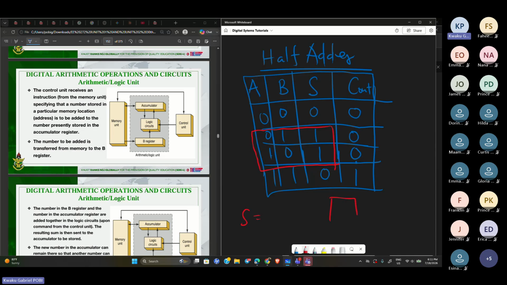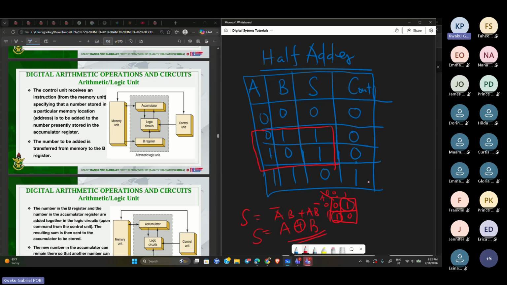Or if you draw a 4 input K-map, you get 0, 1, 1, 0 like this for the sum. A and then B, 0, 1, 0, 1 like this. So you get A bar B here, and then here you get A B bar. And this, you know, is A XOR B. So that's the sum for a half adder.